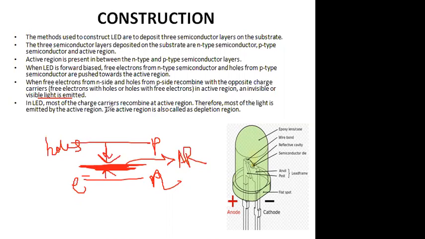In an LED, most of the charge carriers recombine at the active region. Therefore, most of the light is emitted by the active region. The active region is also called the depletion region.